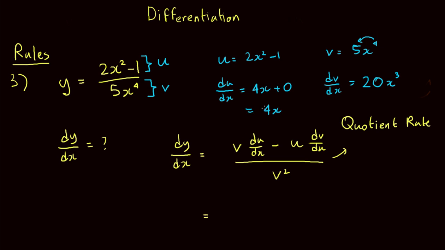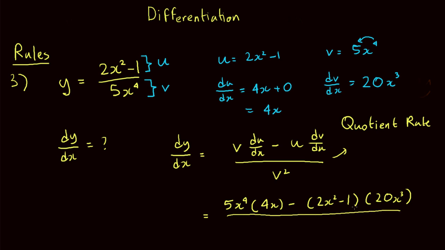Is that we of course substitute the values we got earlier, so it's simply v is 5x to the power 4, du/dx is 4x minus u, which is 2x squared minus 1, and dv/dx is 20x cubed, and it's over v squared, which is obviously 5x to the power 4 squared.